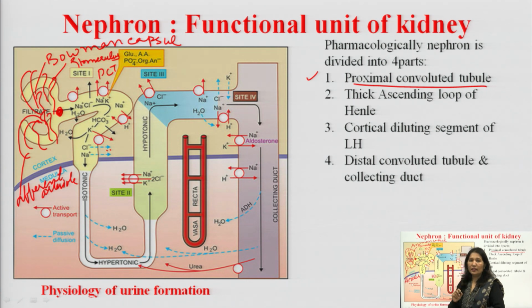Sodium ion reabsorption occurs mainly through direct entry of sodium through the sodium potassium transporter, the sodium hydrogen antiporters, and various sodium glucose co-transporters, symporters, which are present at this site, the PCT.